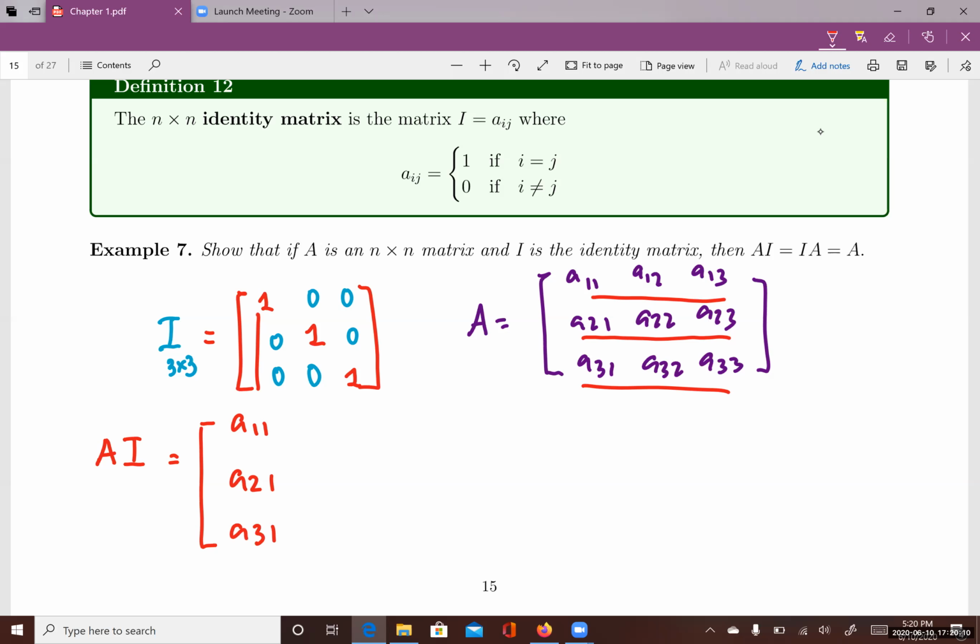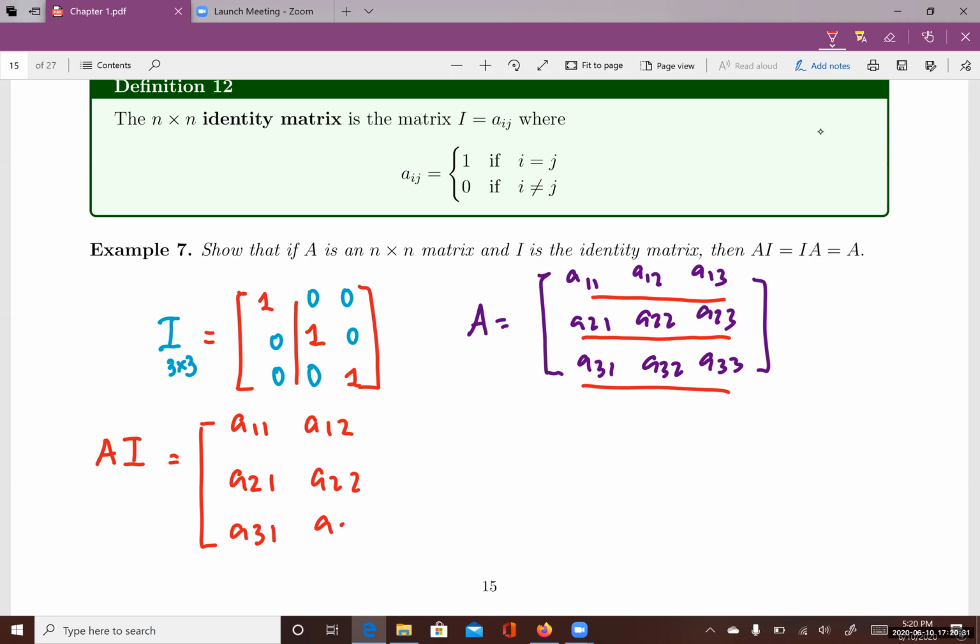And then if I change to the second column, first row, second column, I would have A12, then A22, and so on and so forth.